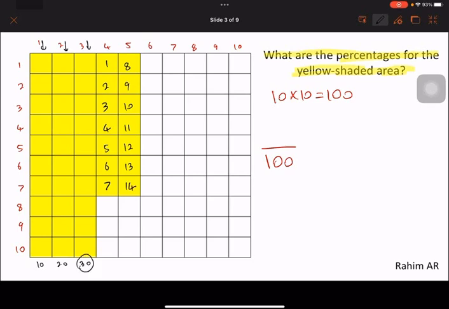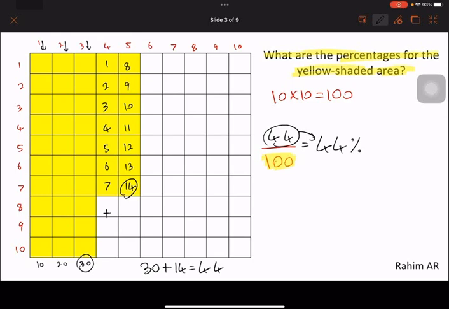So 30 plus 14, we get 44. The numerator here is 44. We can clearly see that the denominator is 100. Therefore, we can directly write down the numerator as our answer, 44%. It is easy, right? When the denominator is 100, it is very easy.